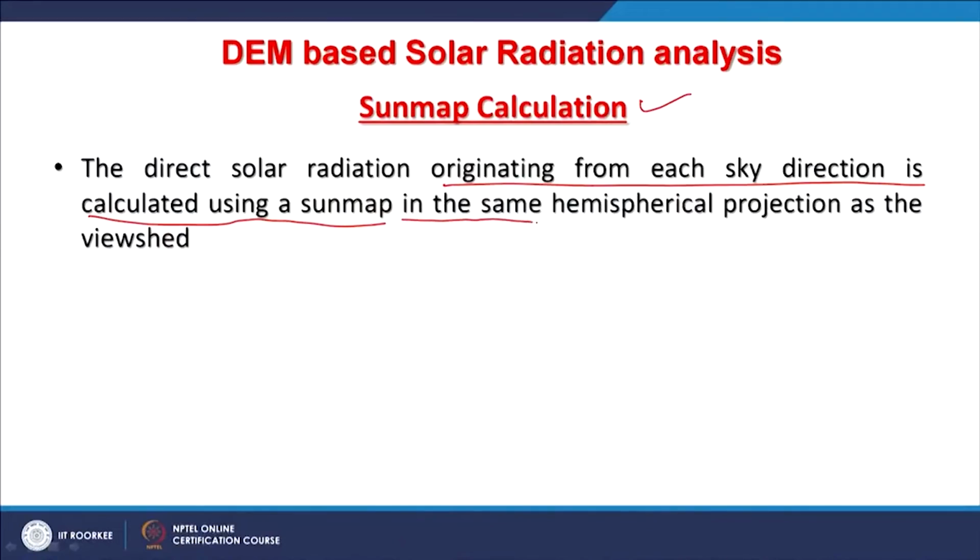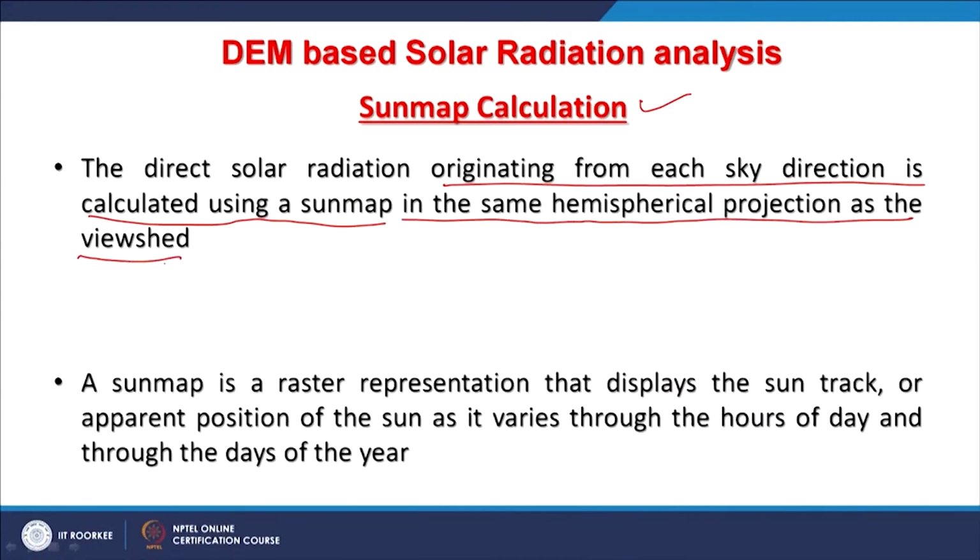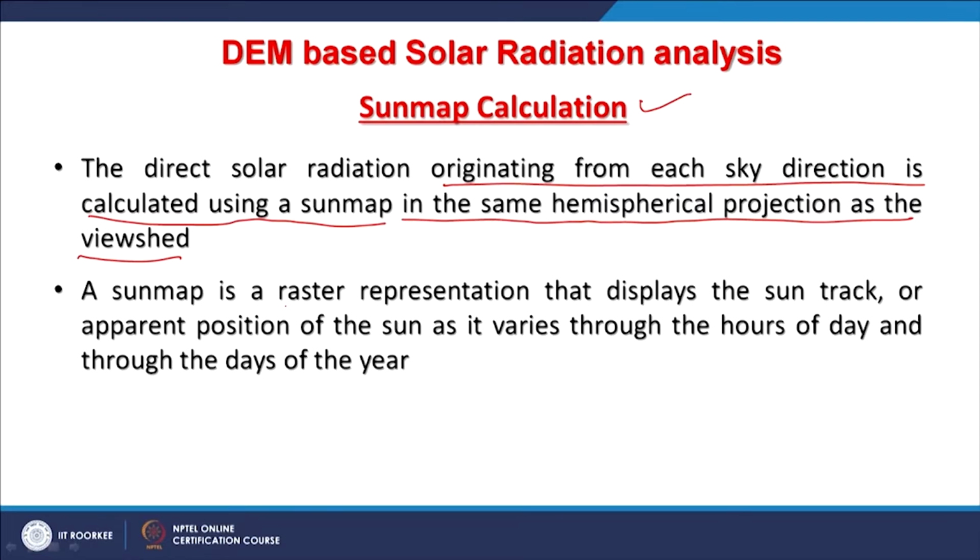It is in the same hemispherical projection as the viewshed. Now, this sun map is again being done in raster. The sun map is a raster representation displaying the sun track, because now we are involving the sun from morning to evening. That is why I was saying earlier that the position of the sun keeps changing relative to the earth, because the earth rotates.